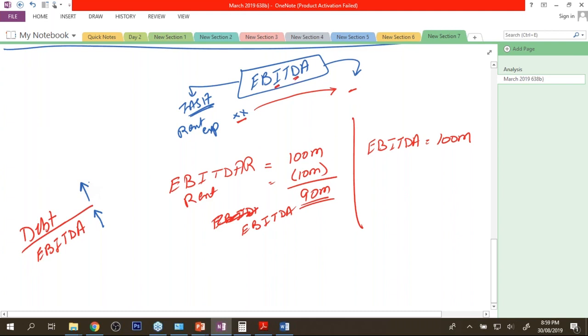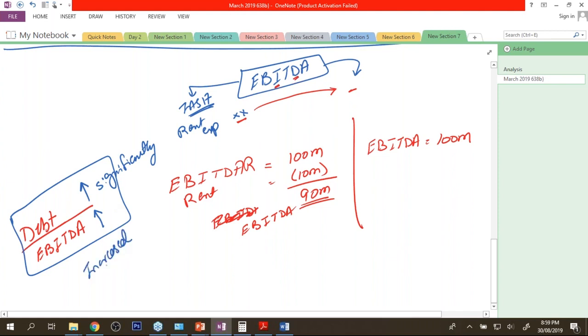So if we are talking about debt divided by EBITDA, again the value of debt will be significantly higher as compared to the EBITDA. So the net impact will be that it is going to be increased, because the numerator is significantly higher than the denominator.